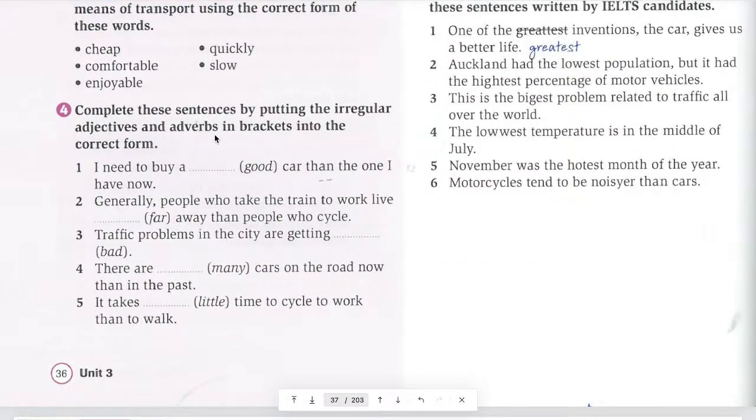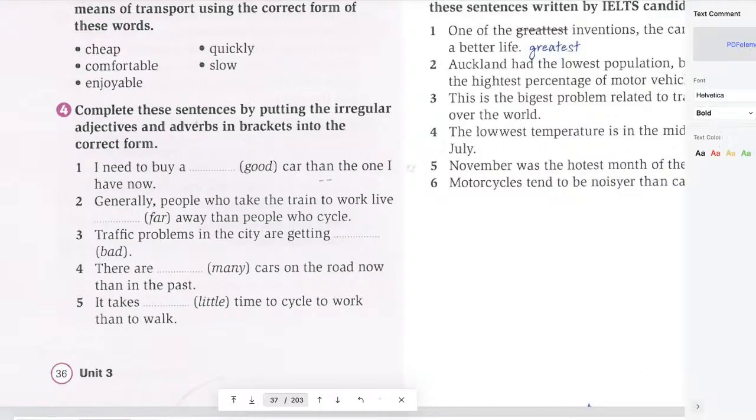Now exercise 4. Complete these sentences by putting the irregular adjectives and adverbs in brackets into the correct form. Have you finished? Okay. Number 1: I need to buy a better car than the one I have now. The answer is better. At least some sentences like this. Can you come up with some sentences like this?